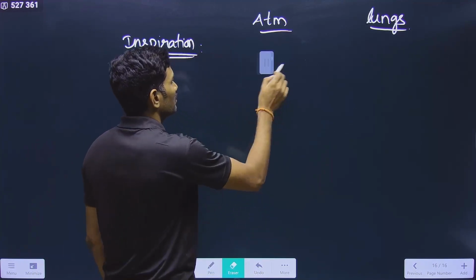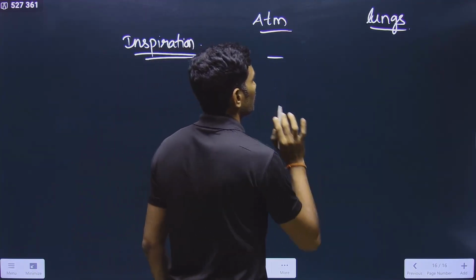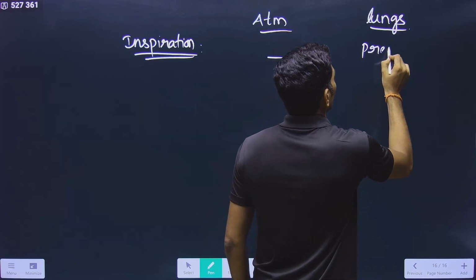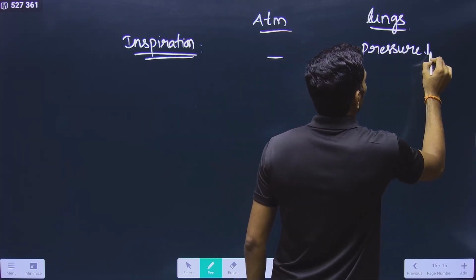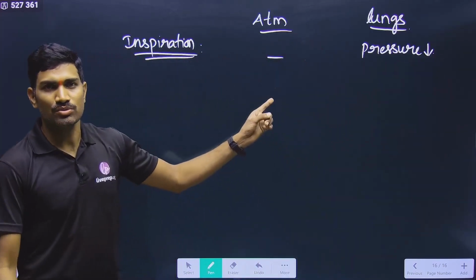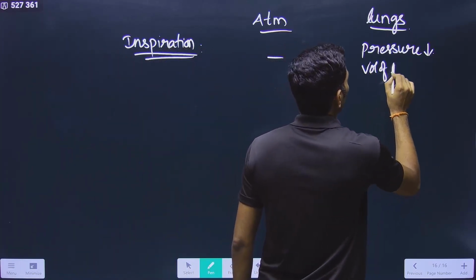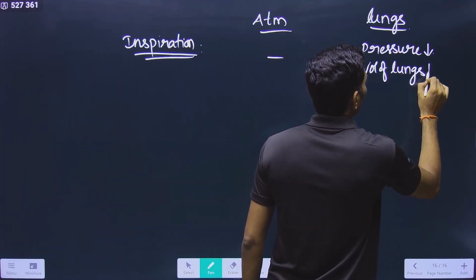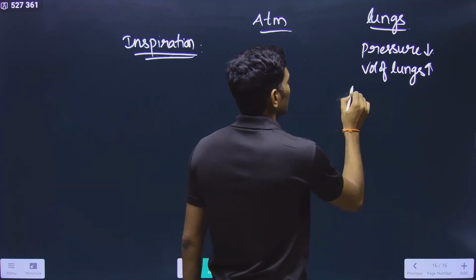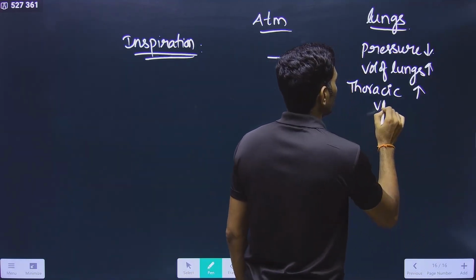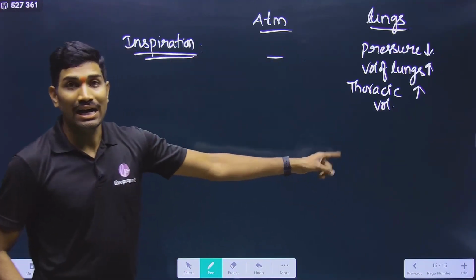Please remember, the atmosphere we are not changing here. In the lungs, what happens? In the lungs, pressure is less when compared with the atmosphere. Yes or no? Pressure is less means the volume of the lungs is more. That means thoracic cavity volume is also high.